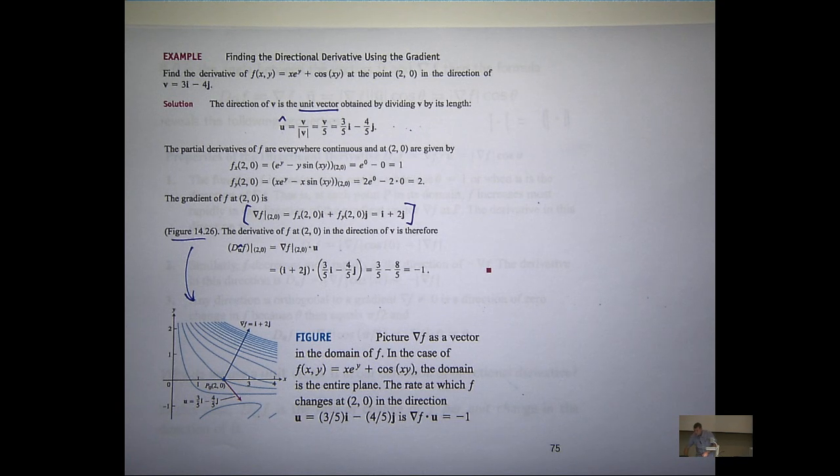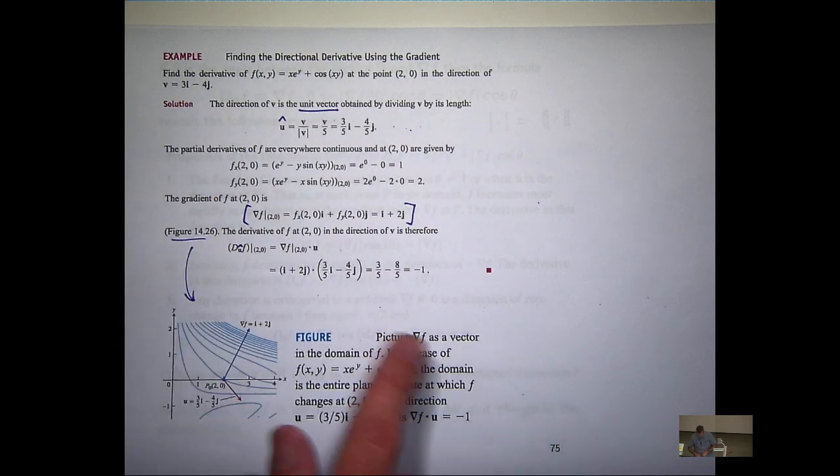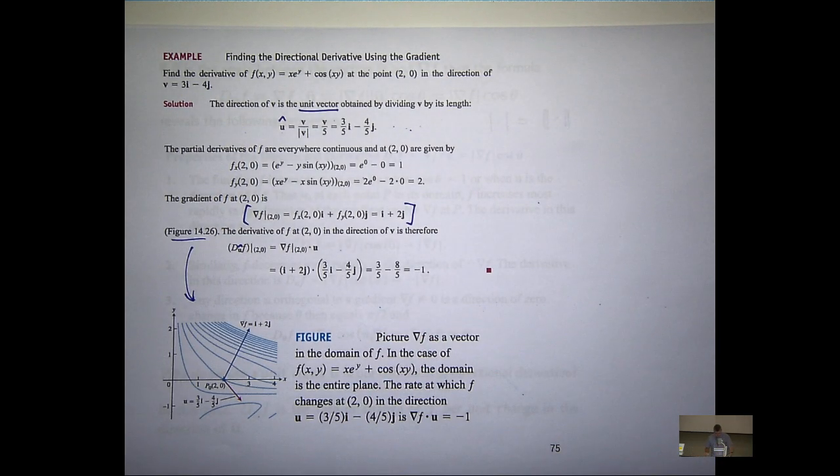So that's one insight. Now, these are pretty easy problems. We expect you to, they're very low on the difficulty scale because it's just a computational exercise. Can you take a partial derivative? Can you produce a unit vector given another vector? Let's have a look at some geometric significance.